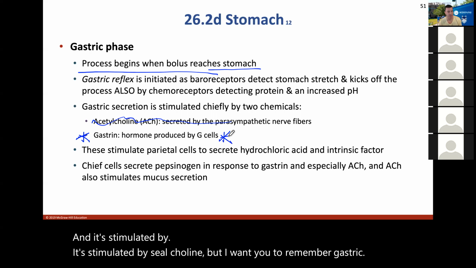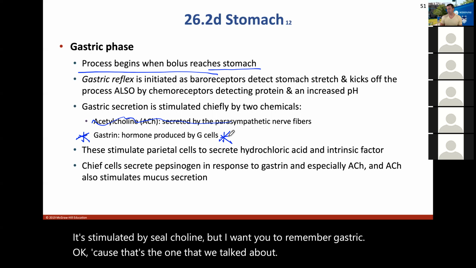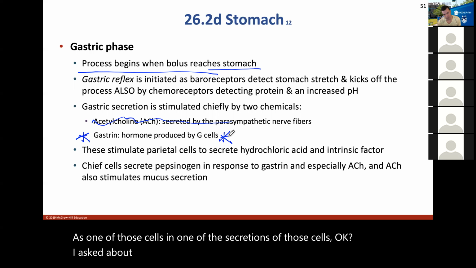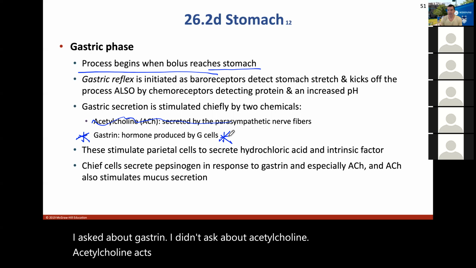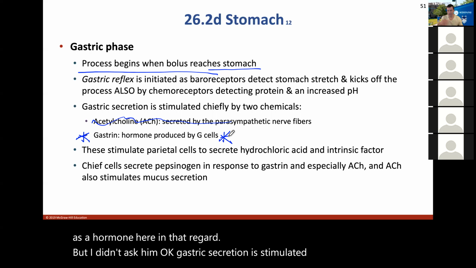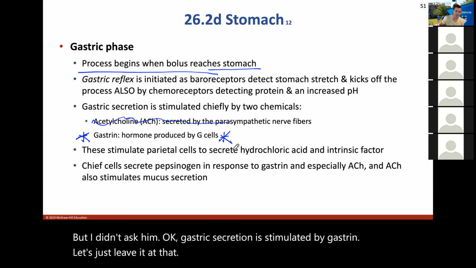Because that's the one that we talked about as one of those cells and one of the secretions of those cells. I asked about gastrin. I didn't ask about acetylcholine. Acetylcholine acts as a hormone here in that regard, but I didn't ask it. Gastric secretion is stimulated by gastrin. Let's just leave it at that.